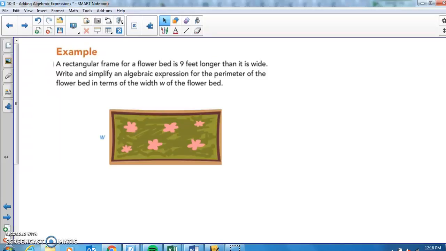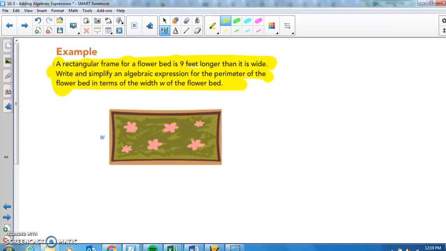So what I want you to do is write down the important information. You don't have to copy this word for word, but I'm going to just highlight it so that you'll know to copy down the important information. And then we're going to come back and see if you have any questions on this one. So give this one a shot.